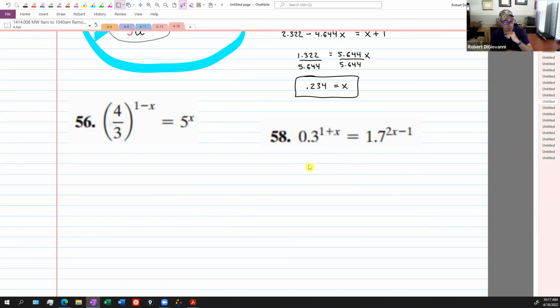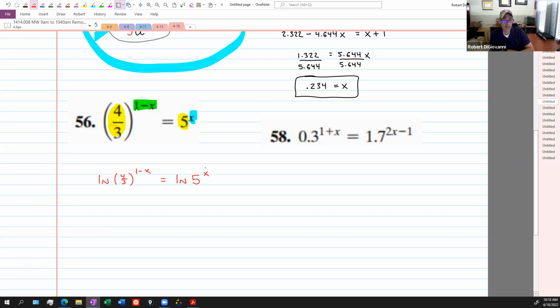Okay, so look at number 56. I've got some number raised to a power, and my x is up there. Then I've got some other number, 5, raised to some power, and I've got an x up there. So my x's are in the powers on both sides of the equation. So I should be able to just take the natural log on the left and take the natural log on the right.